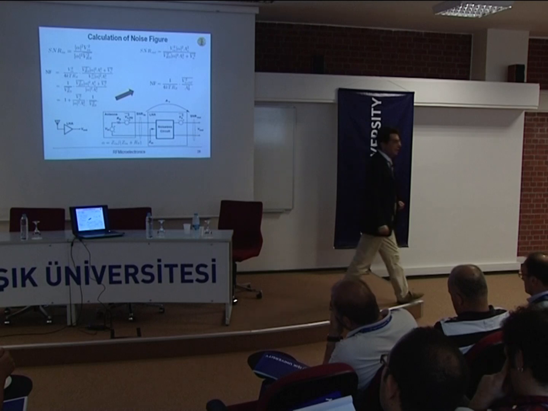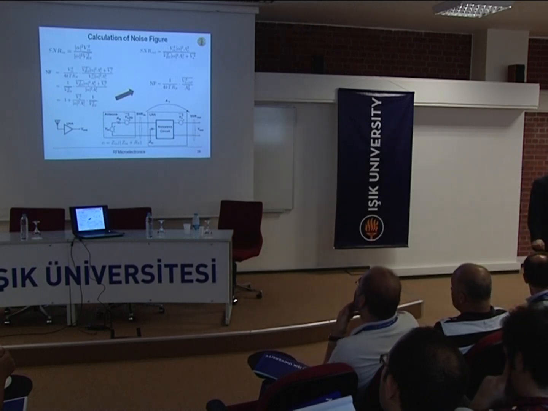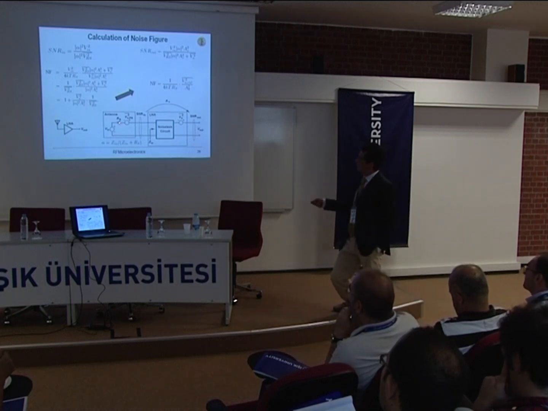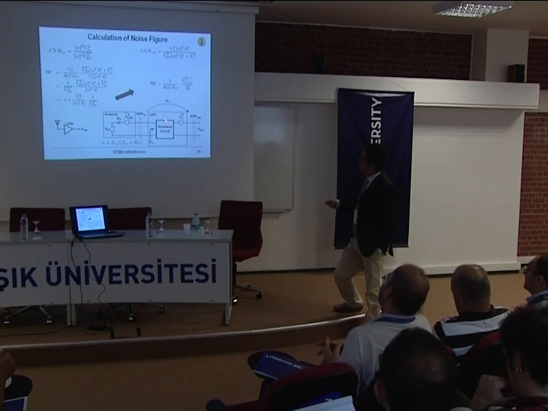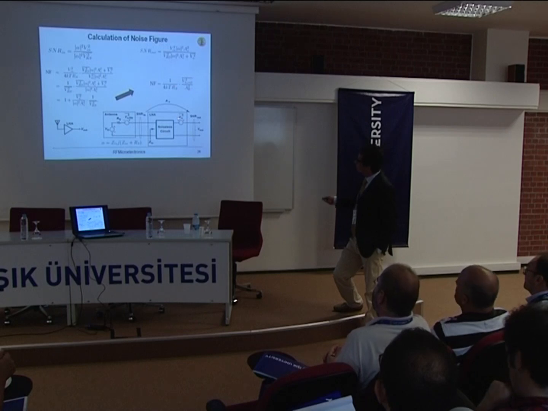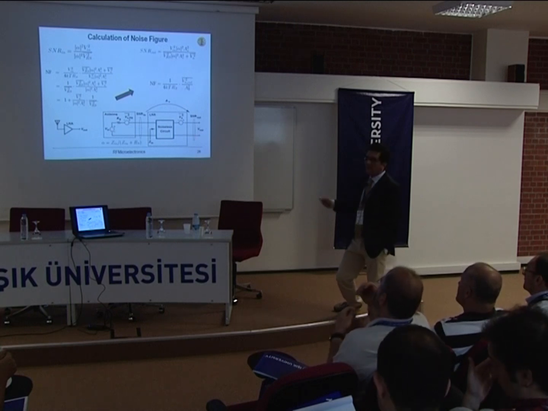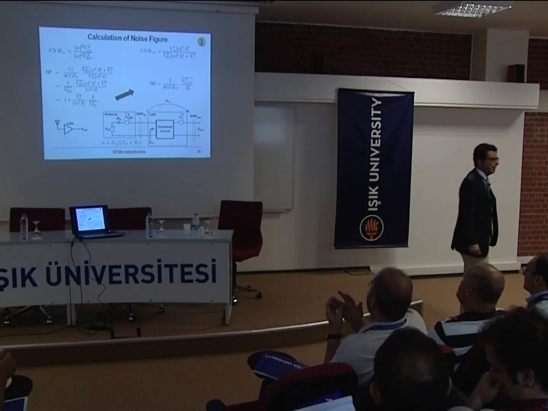So this calculation, starting from an input source, which is the antenna, with noise associated to the resistor, and the noise of the device contributed by a signal source in series with the output called Vn, tells us that the noise figure in this condition is given by the output noise, RMS, over the gain from the antenna, from the source to the output, normalized to the noise of the resistor RS.